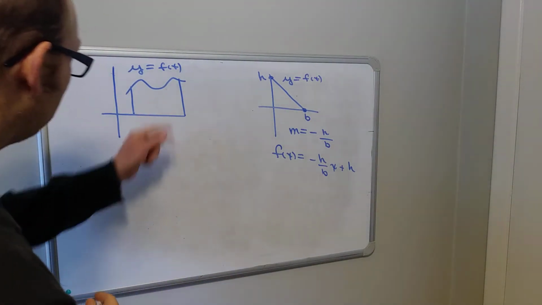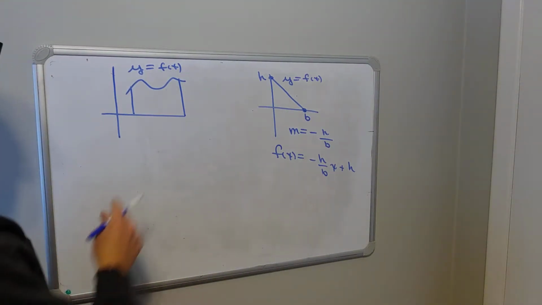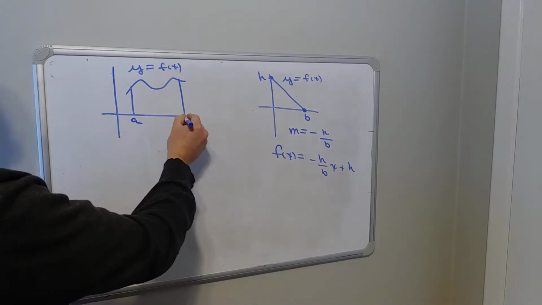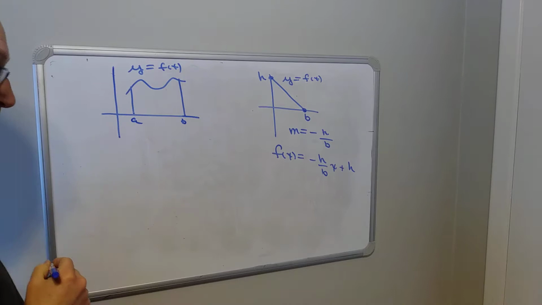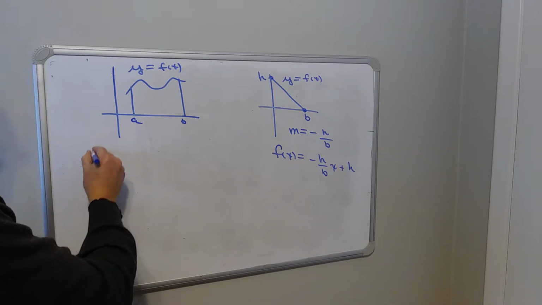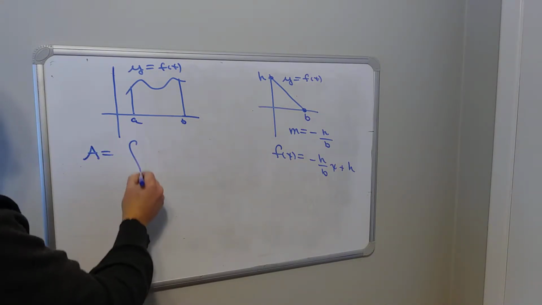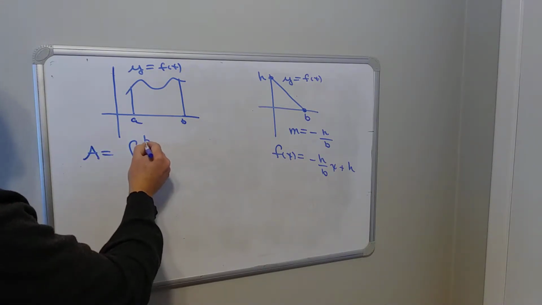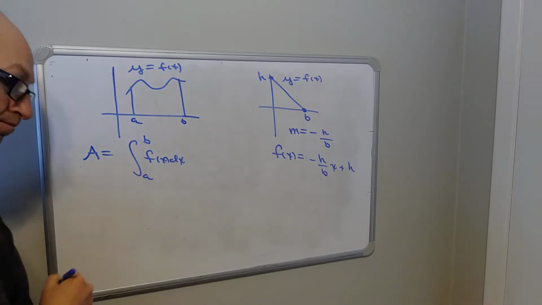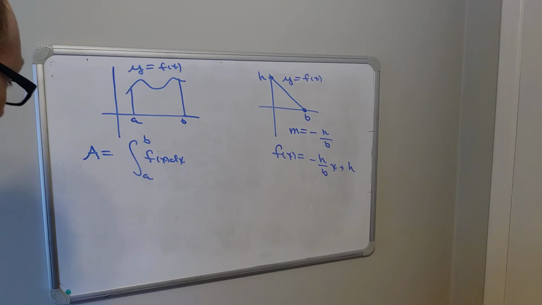Okay, so in general, we have a graph of a function from a to b. Now, we know how to find the area. So the area is simply the integral from a to b of f of x dx. Okay.